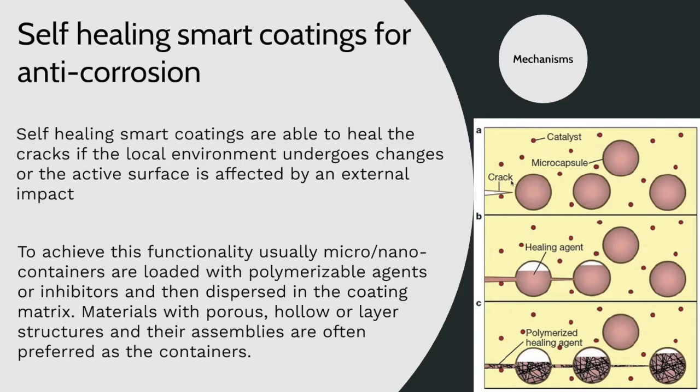Because the healing agent needs time to recover, right, to polymerize. So when they react, they need that time, and maybe some substance already inside makes way to the metals, right? So that's why you need inhibitors to slow down that process.